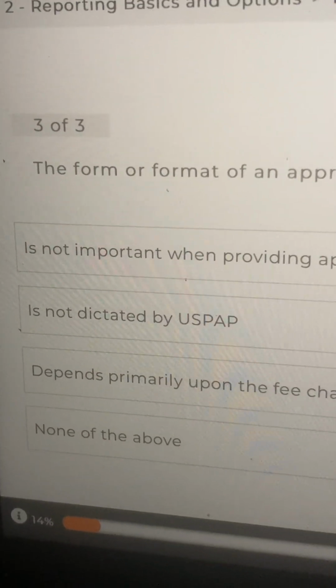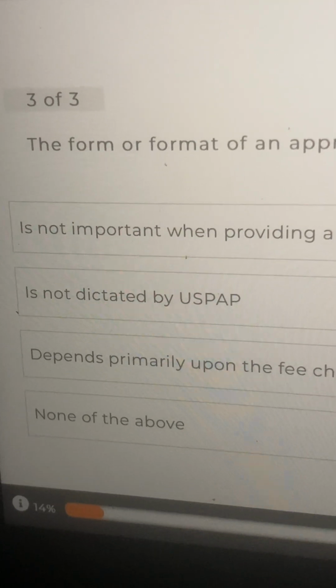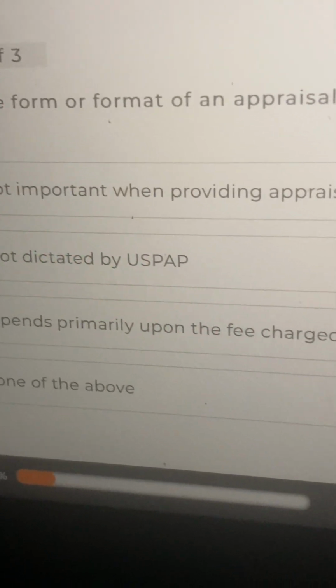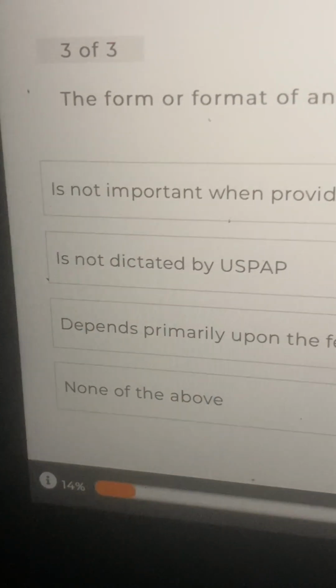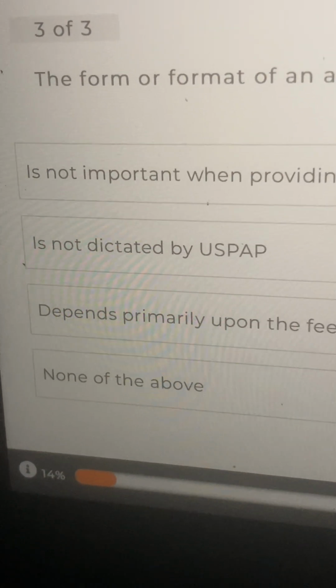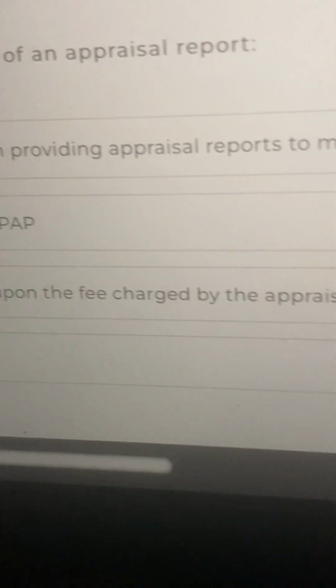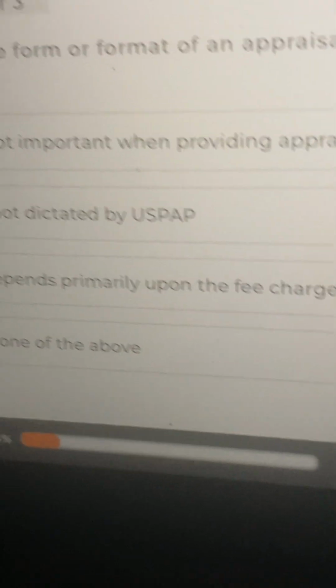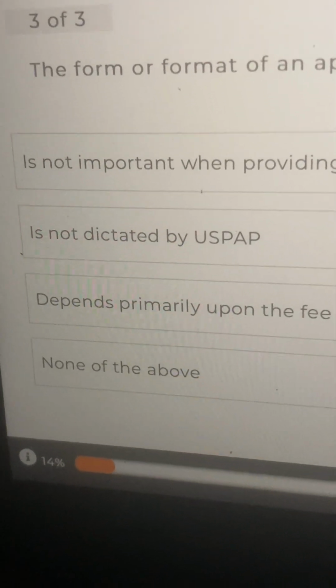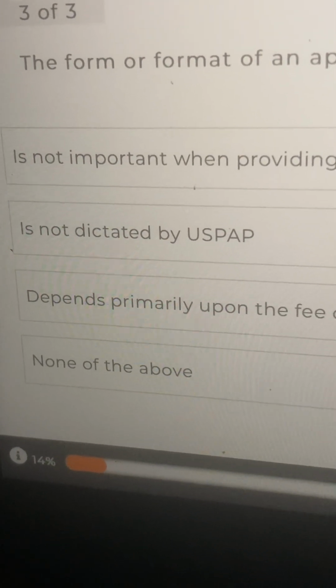Number 3, the form or format of an appraisal report. A, is not important when providing appraisal reports to mortgage lenders. B, is not dictated by USPAP.